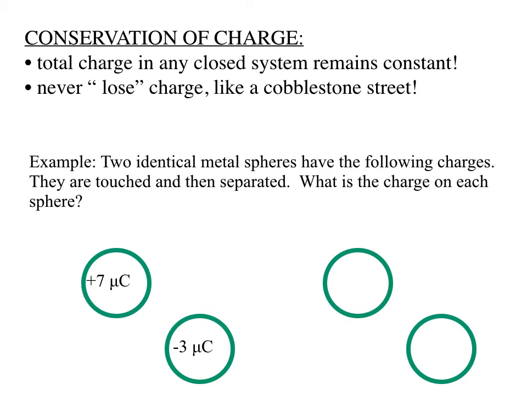So we never lose charge. And when we touch those two things together, we would have a charge of positive 4, and it would be equally distributed with positive 2 on this sphere and positive 2 on this sphere. I had a slide that showed that, but it doesn't seem to be popping up, so I apologize.